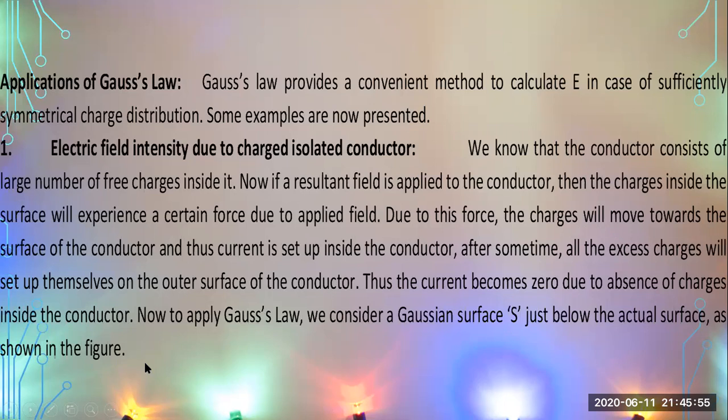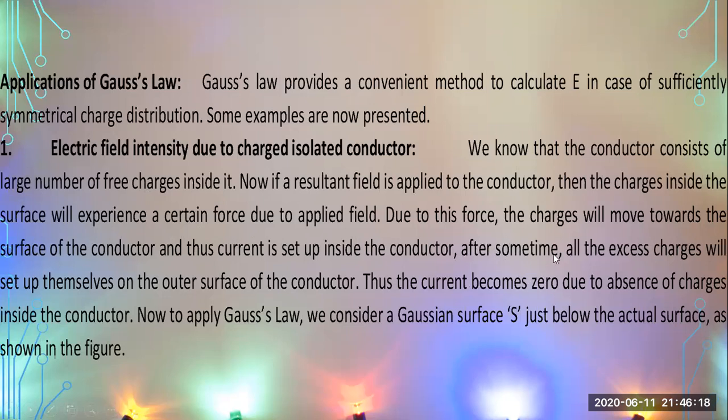So tomorrow during the next class, we will go into the detail of how the electric field intensity due to the charged isolated conductor is calculated. We have seen what happens if we apply a resultant field on a conductor. The drift force acts on the conductor by moving the charges towards the surface of the conductor.